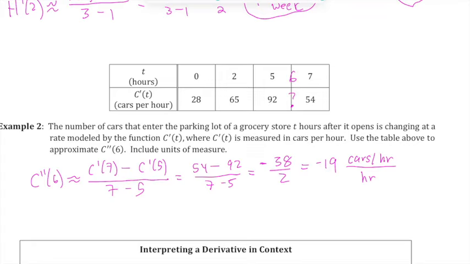And sometimes you'll see this as cars per hour squared, right? Either of those works, but the rate is changing at negative 19 cars per hour. Because again, it's this unit divided by this unit. Your y over your x.